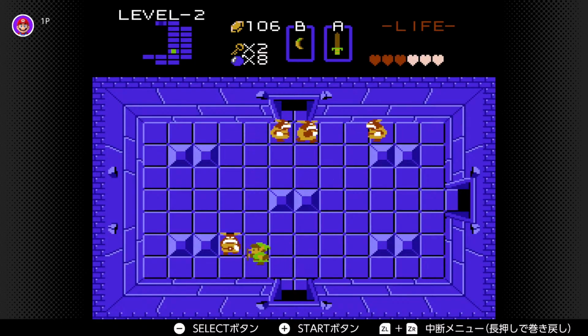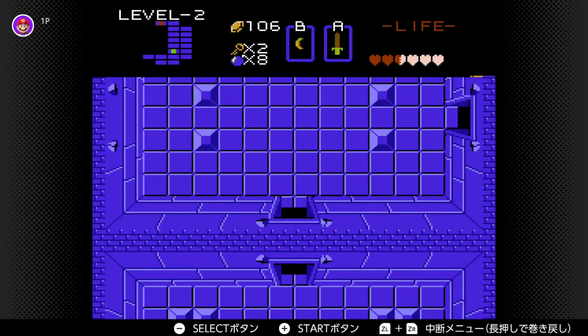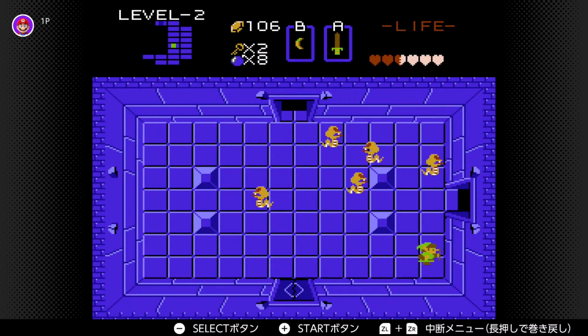Okay. Let's defeat some enemies here. Fortunately, one got us from the bottom. I'm tempted to ignore these ropes. Yeah, exactly for this reason.